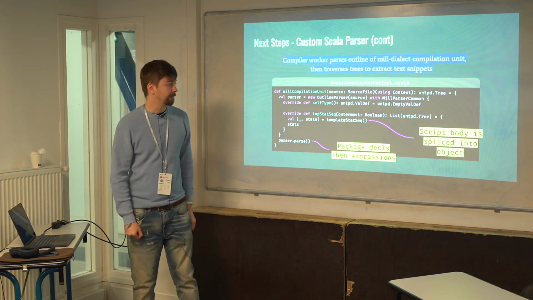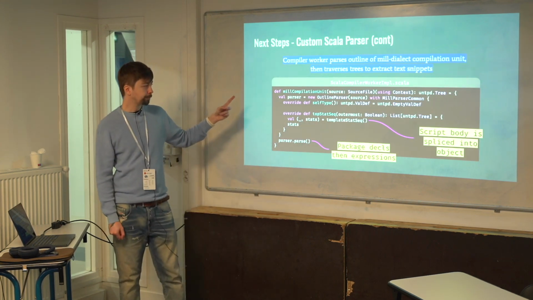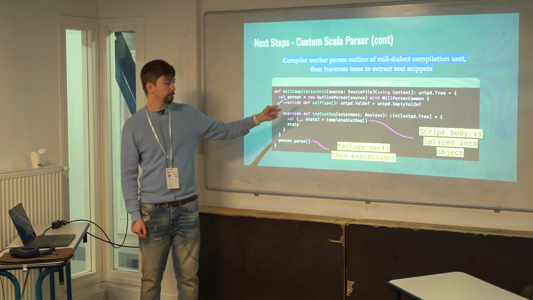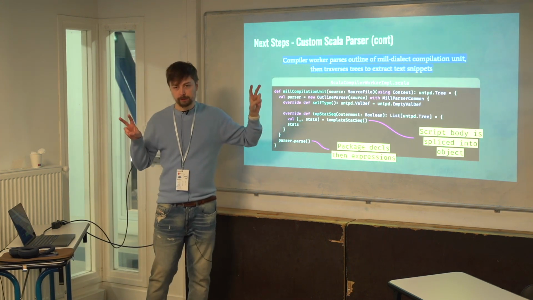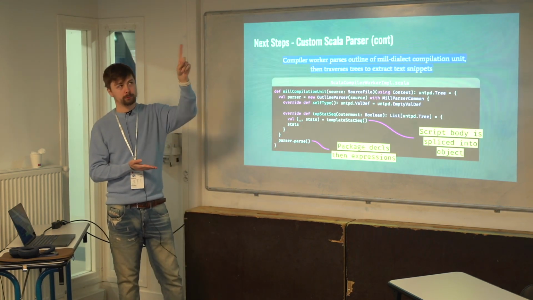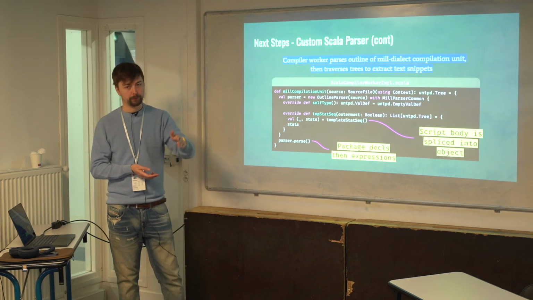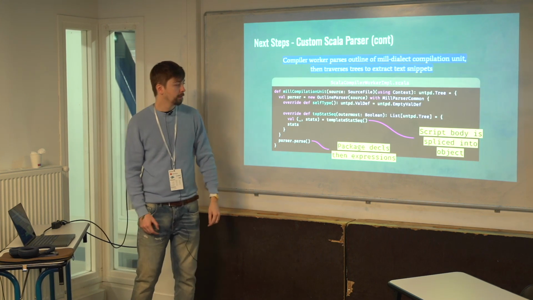Yeah, and here is what it looks like to customize the parser. So what I do is I take this thing called an outline parser from Scala 3, and what that is is it only looks at the top level definitions, doesn't read the right hand side, doesn't look inside objects or classes.